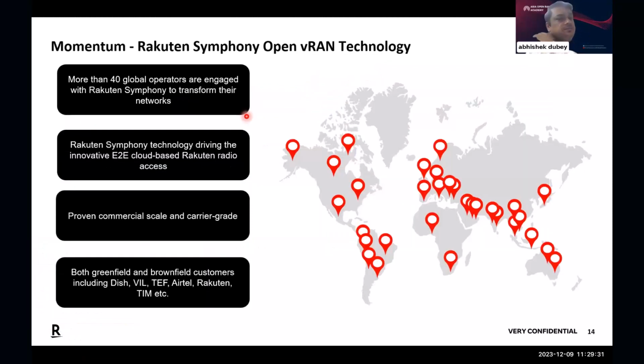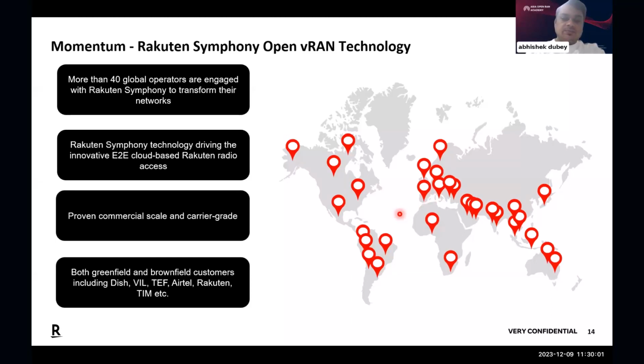The next part is just to show you the momentum of Rakuten Symphony in ORAN technology. These are locations where we are having commercial deployment, and in some of the locations we are also doing POC and lab for different customers in different regions. You can see all the regions have been covered with the Rakuten ORAN system.